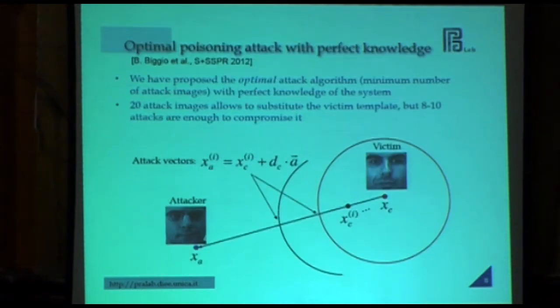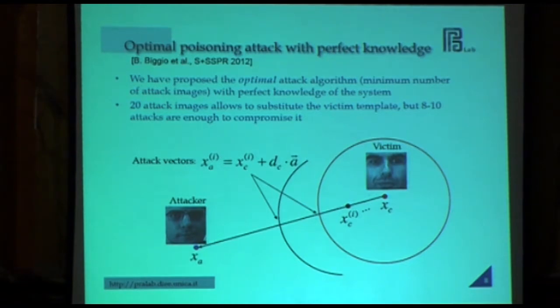And in a previous work with some colleagues, we have shown that this poisoning attack really works and is easy to implement if the attacker has a perfect knowledge of the system. A perfect knowledge means that the attacker really knows everything, knows what matching algorithm you are using, which feature you are using.